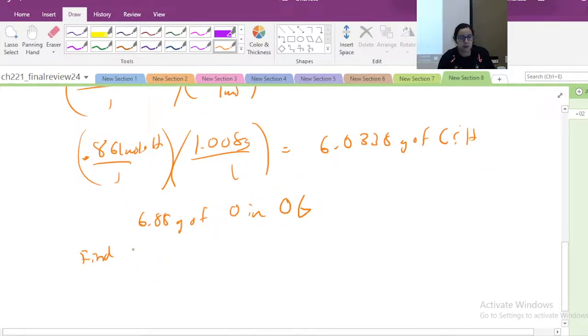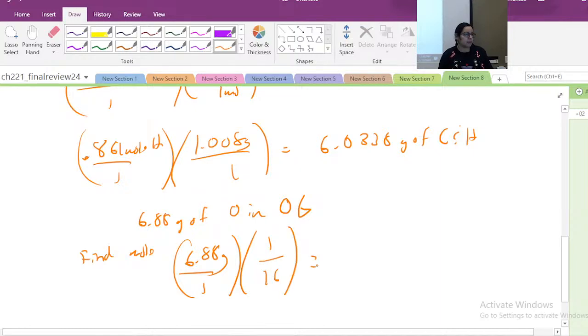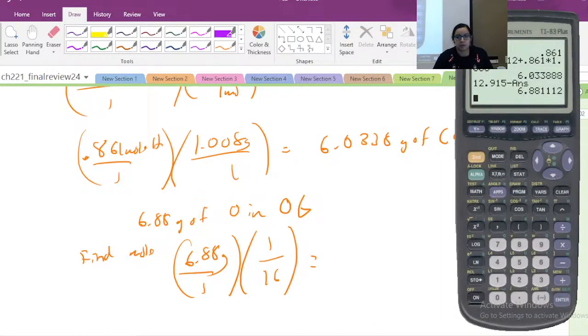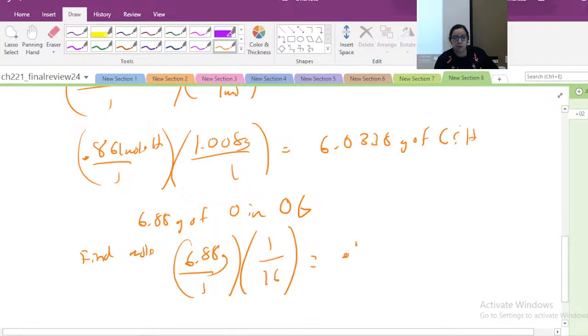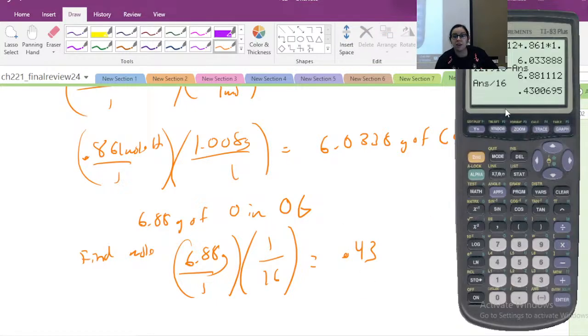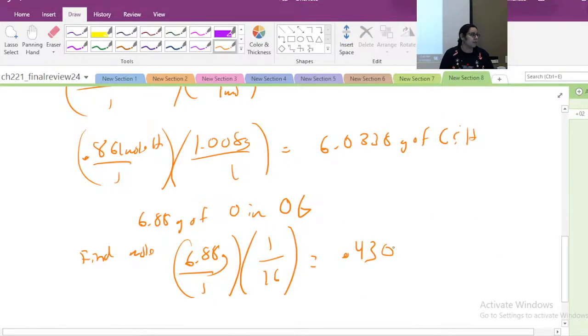So right now, convert this back to moles. So 6.88 divided by the molar mass of oxygen. And so looking good for our numbers, so 0.43, roughly.